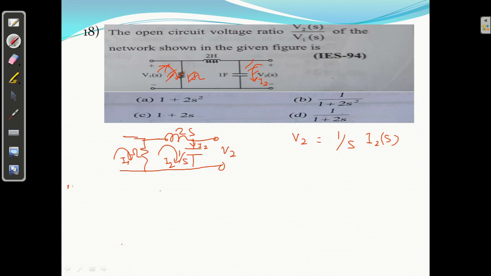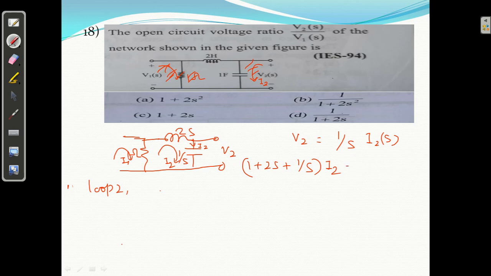So loop 2. If you write in loop 2, what is happening in this loop 2? 1 plus 2s, I2 is flowing, 1 plus 2s plus 1 by s, I2 is flowing in this loop. At the same time, this is a common branch, right? So in this, I1 is flowing, but it is upward, this is downward.